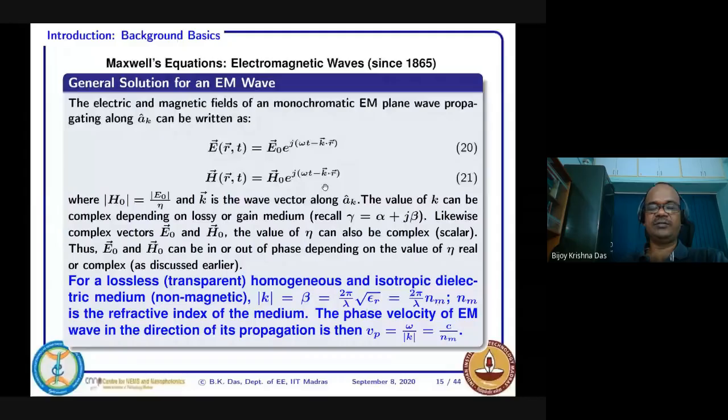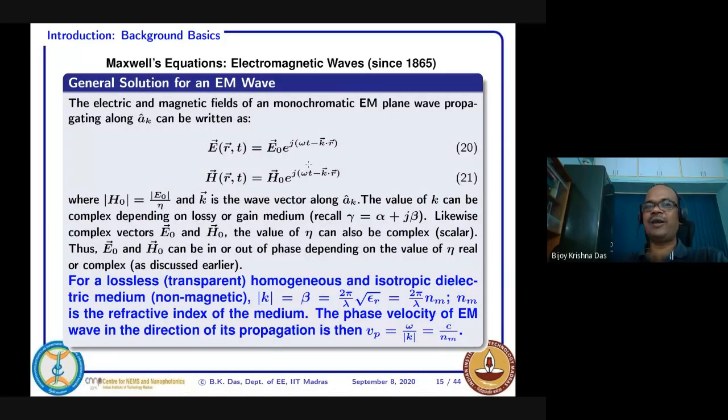Similarly, for the magnetic field: if E naught and H naught are real, then you can say that both electric field and magnetic field are in phase for that particular direction, right? Of course, there can be a vector for that particular direction. So this is the general solution. If you want to deal with electromagnetic waves classically, this is Maxwell's equation.